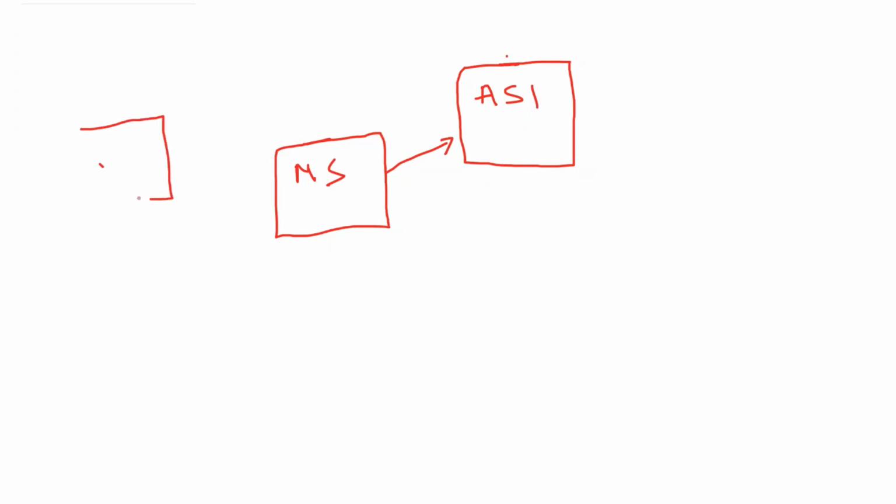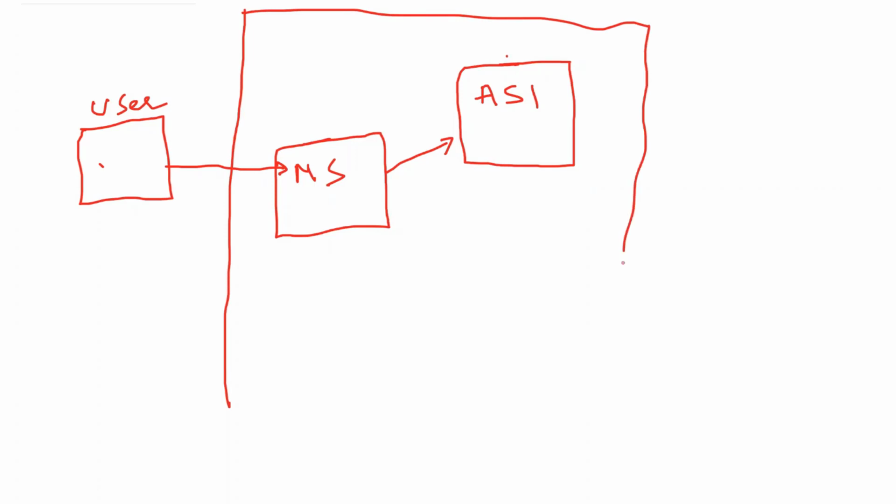Let's say there is a user who has installed SAP GUI, and whenever you are trying to log into the system, it will go to the message server, and the message server will connect you to the application server. So this is your application layer. The application layer consists of one message server, and you can have one or more application servers.